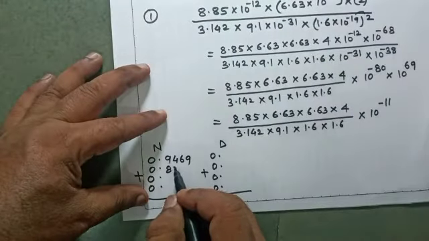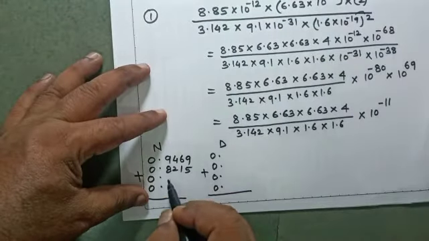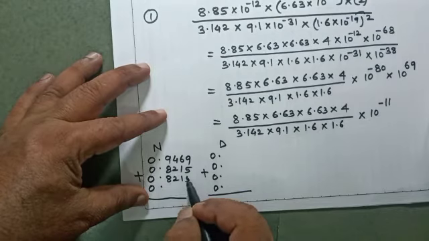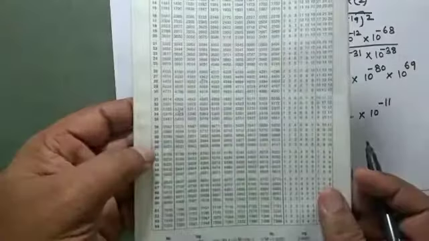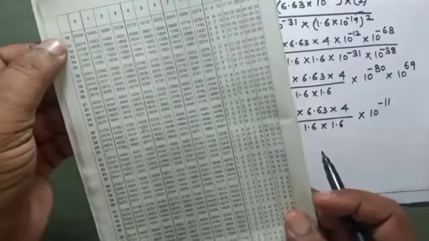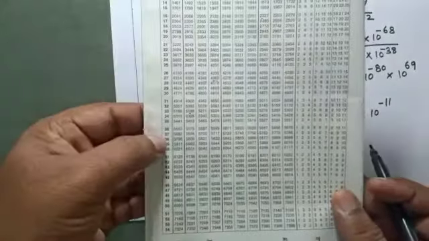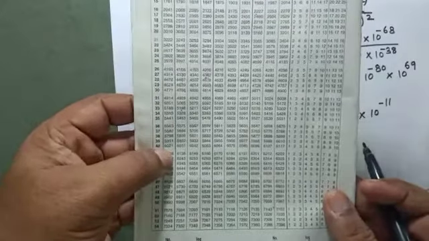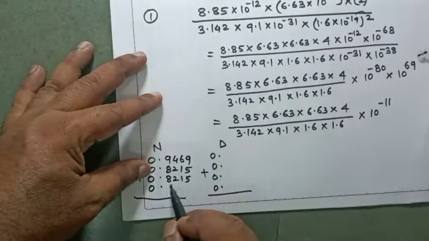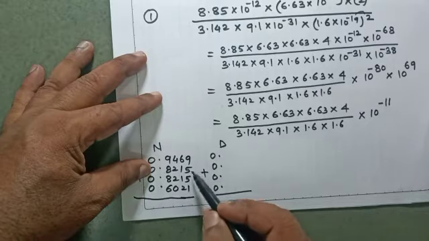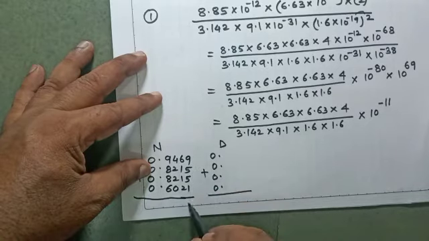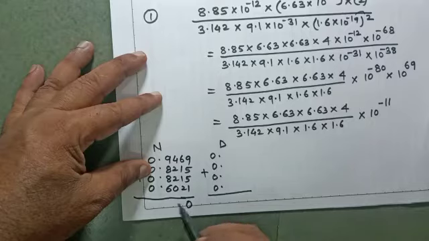So 2 times we can write 8215, 8215, and 4. So here 4 is not seen because our table will be from 10. So 40 in 0, that is 6021. So when we add, that is 9 and 1, 10, and 5 and 5, 10, that is 20.